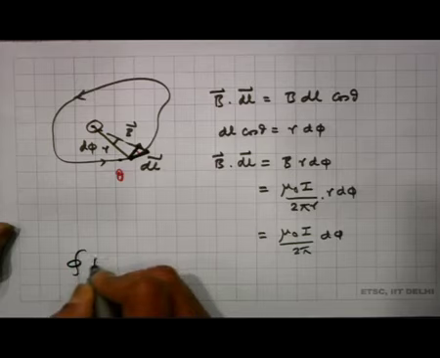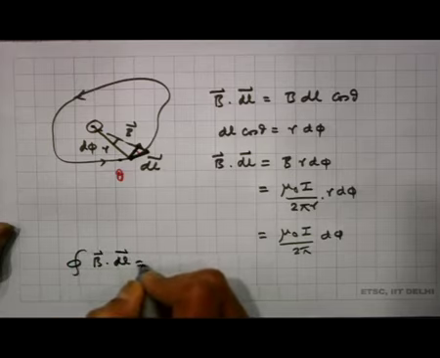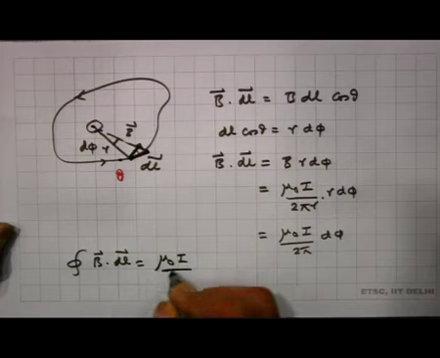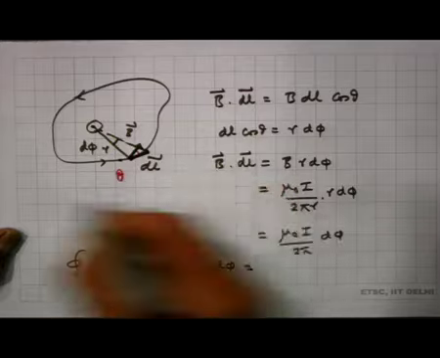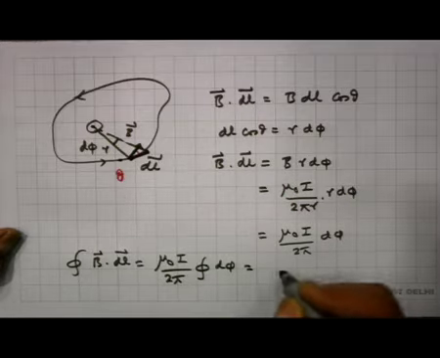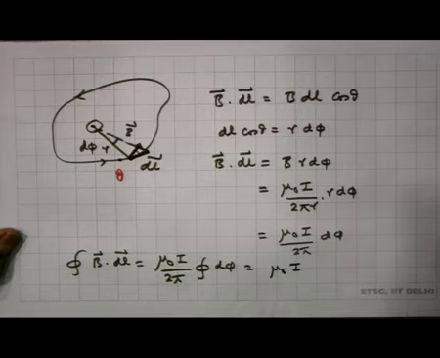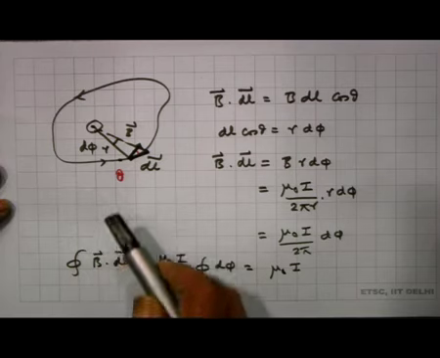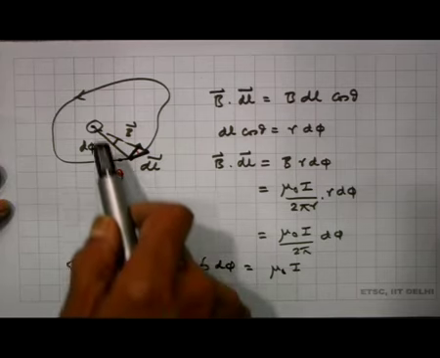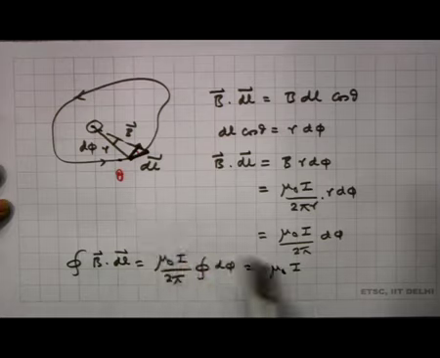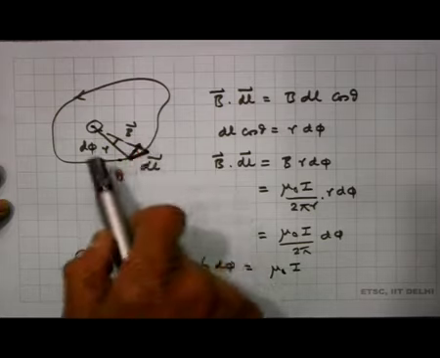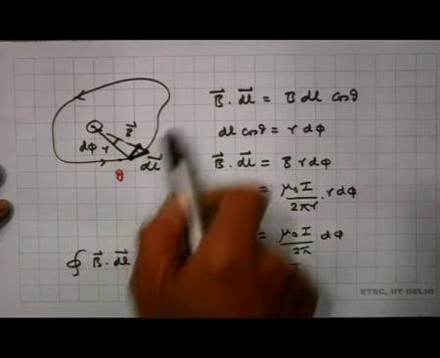So, integral B dot dl would be equal to mu naught I by 2 pi integral d phi, which is again 2 pi because of the entire angle covered by phi, which is nothing but mu naught I. So, even if I have a path of integration which is not circular with the wire at the center, what I have shown is that this integral B dot dl is always equal to mu naught times the current in the conductor, which is enclosed by this loop of integration.